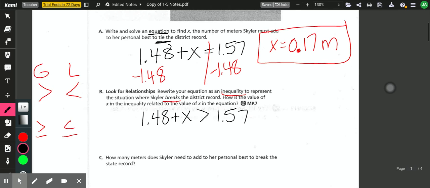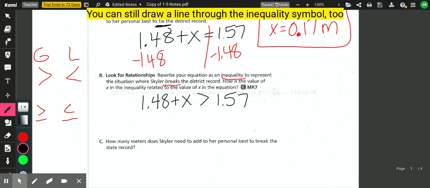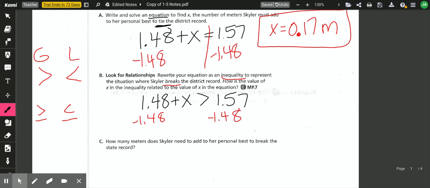Okay. Now, believe it or not, we can actually solve this just like we solved the equation. We're going to subtract 1.48. But now the difference is that my answer is that x is greater than 0.17 meters.